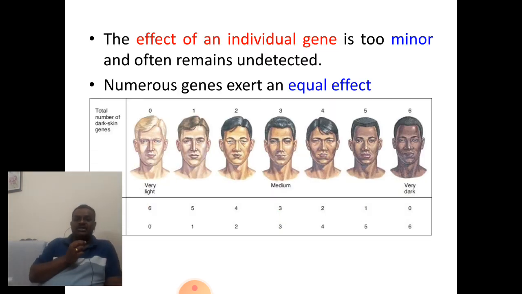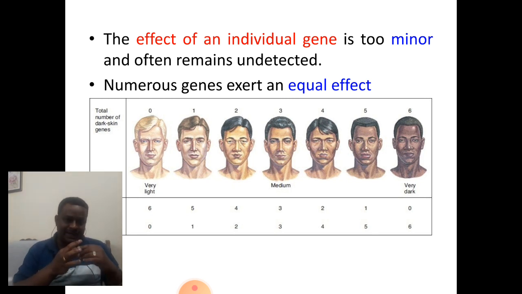The second point is the effect of every individual gene is very minor or very less, but it is added to the cumulative, overall effect of the phenotype. So the effect of every gene is equal here. Equal effect is seen, and every gene's equal effect is added to the expression of the phenotype of the individual.